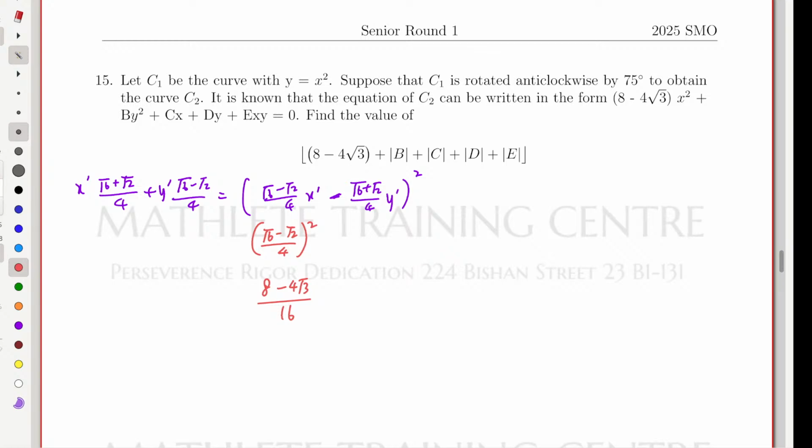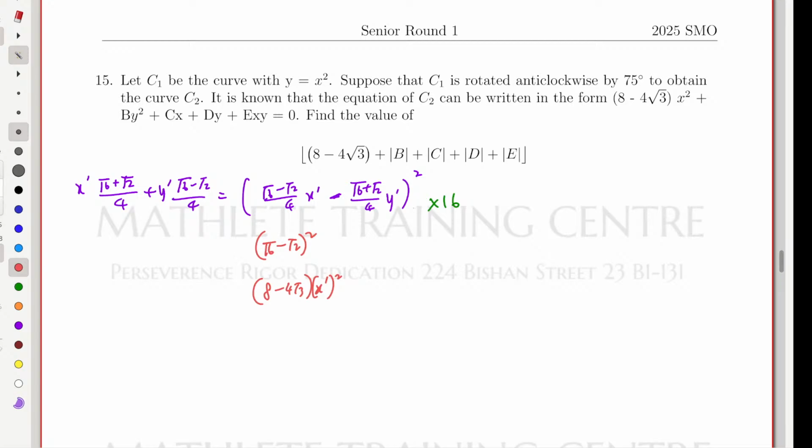That's nice, because later on you just need to multiply by 16, right? So if you notice the numerator is 8 minus 4 square root 3, why not just multiply by 16 straight away before you even square it? So I'm going to multiply by 16 first, and then square, and you should get this term, square root 6 minus square root 2 squared, which is 8 minus 4 square root 3, of x prime squared.